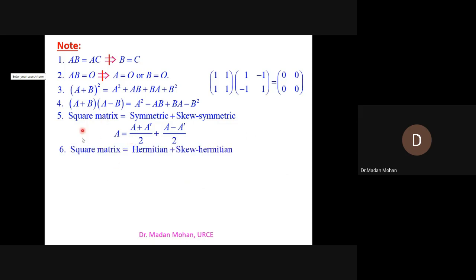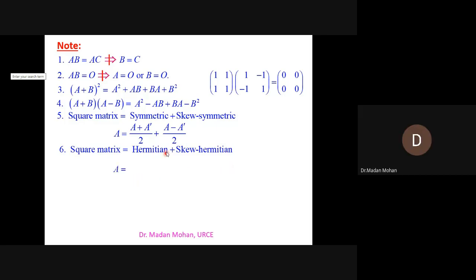Okay. Next, same concept. Every square matrix can be written as Hermitian plus skew Hermitian. When do you say a matrix is Hermitian? A power theta equal to A, sir. Very good. Skew Hermitian? A power theta equal to minus A. Very good.